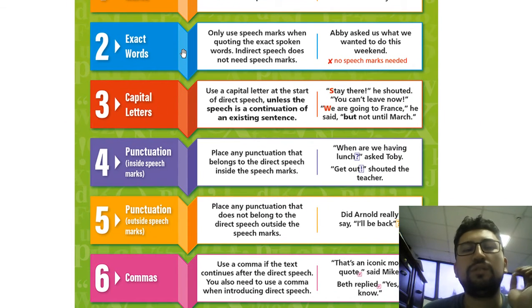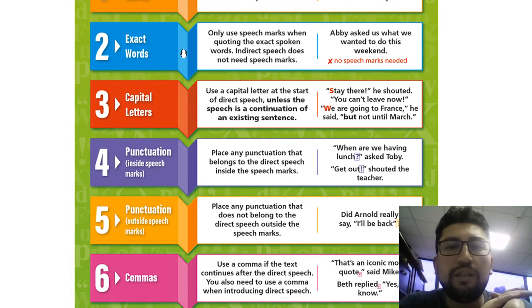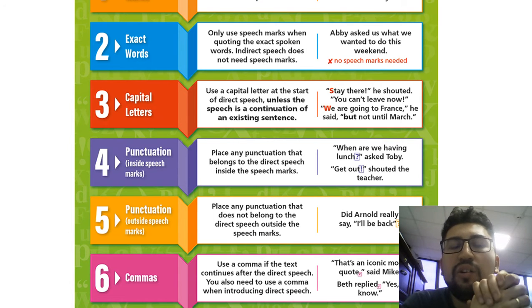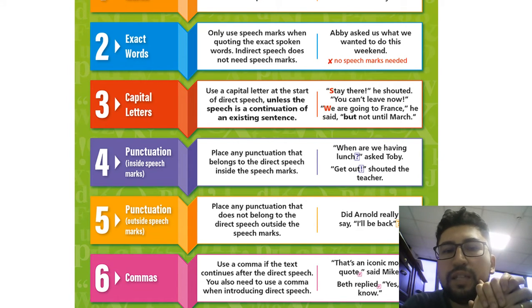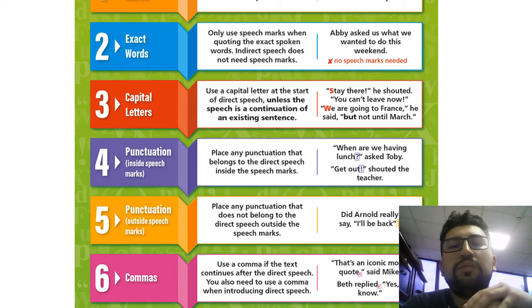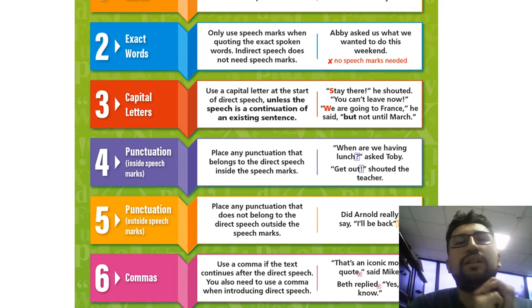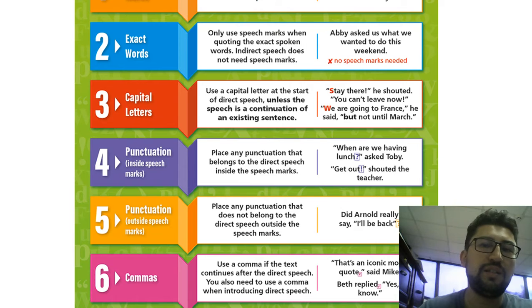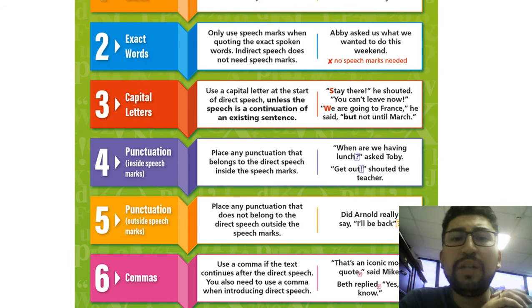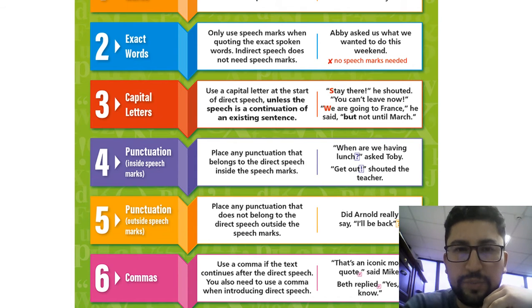Exact words. You have to be very accurate using the exact words that the person said. Only use speech marks when quoting the exact spoken words. Indirect speech does not need speech marks. Why? Because with indirect speech I am paraphrasing, but with direct speech I'm not paraphrasing, I'm saying literally what the person said.